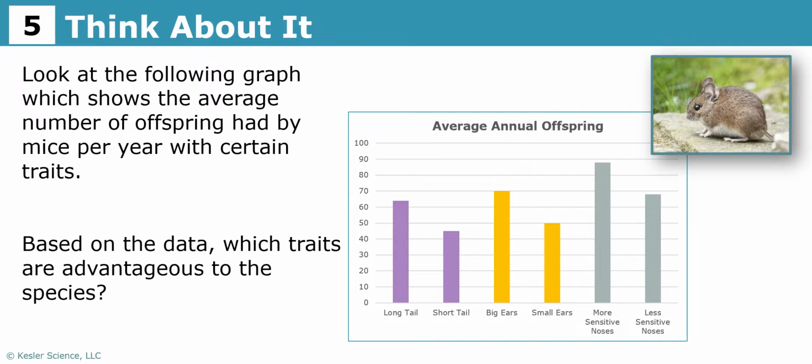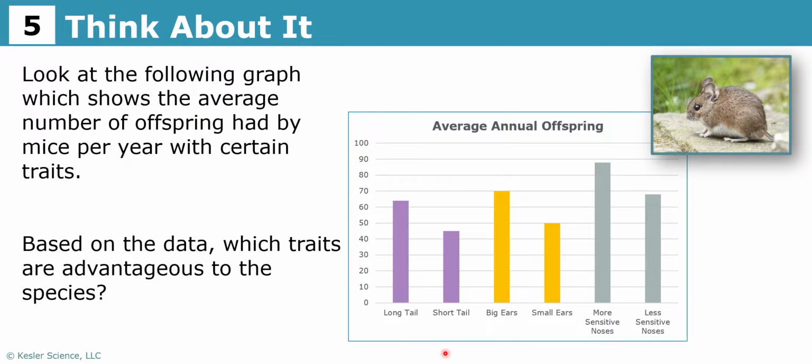Well, when I take a look at this, I notice there's more long tail mice than short tail mice. There's more big ear mice than small ear mice. And there's more mice that have sensitive noses and less mice that have a nose that's not so sensitive.